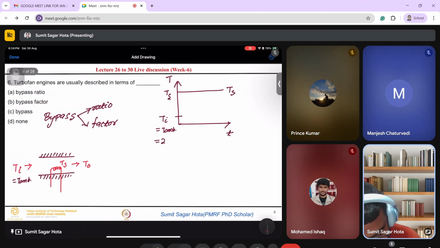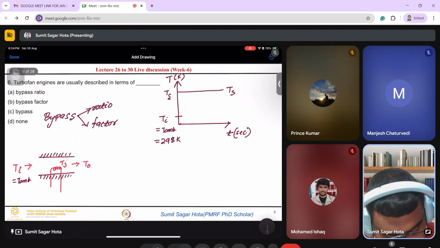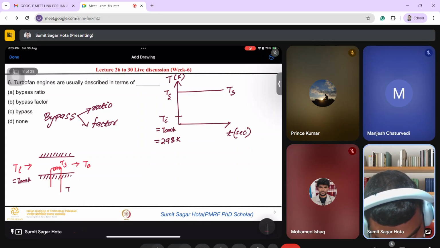Let it be 298 Kelvin, in absolute units. Time is in seconds. When time passes, this Ti is going to increase because it passes through this heater, which is at the higher temperature Ts, where Ts is greater than Ti.